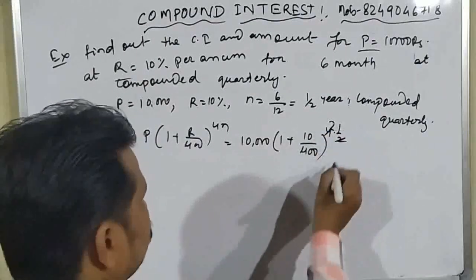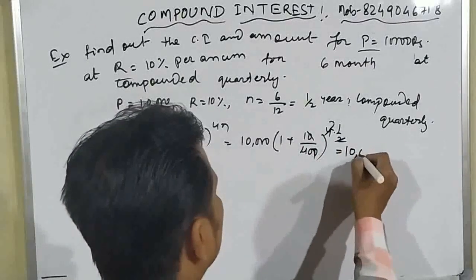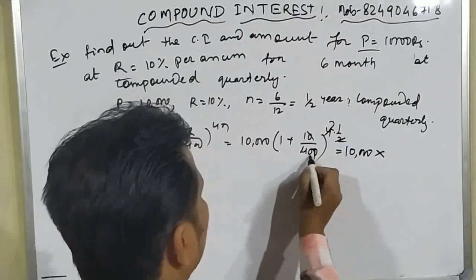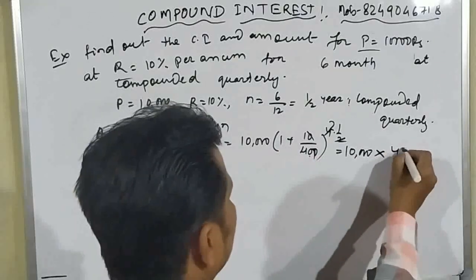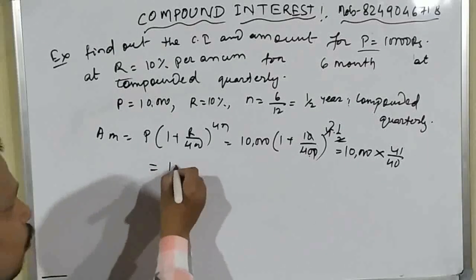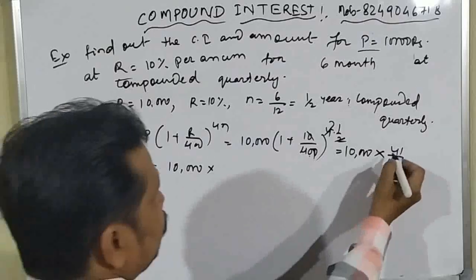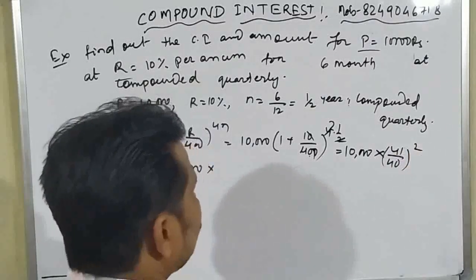So here 2. So the 10 cancelled, which is equal to 10,000 into 41 by 40. Okay student? So result equal to 10,000 into 41 by 40 whole squared.